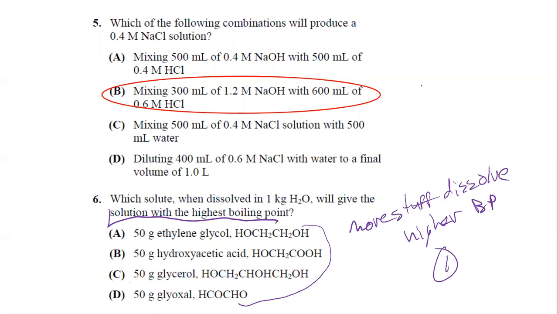So if we want the highest boiling point, we want to have the most moles dissolved in there. So if they all have the same amount of mass, which one is going to be the highest number of moles? Is it going to be our highest molar mass or our lowest molar mass?